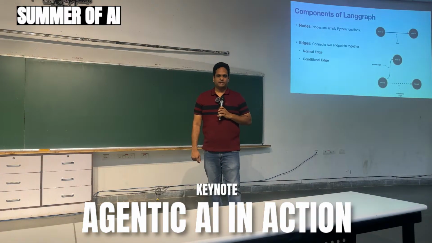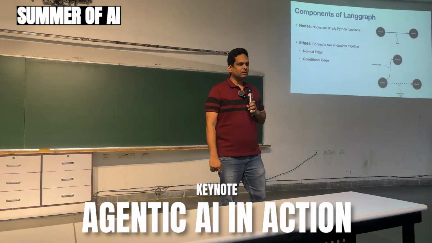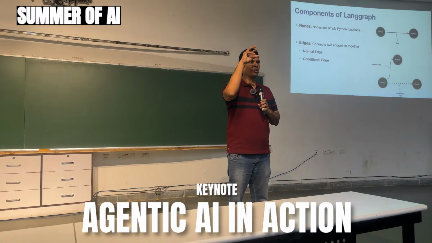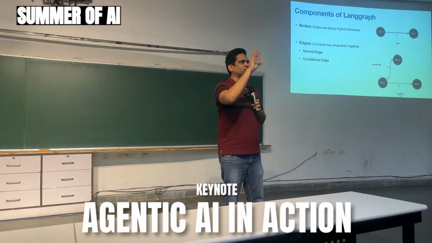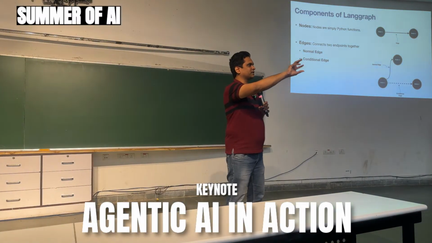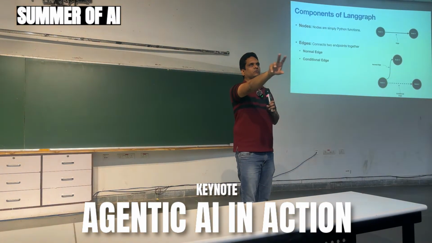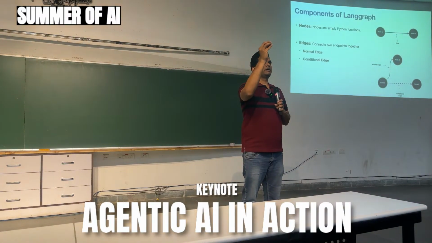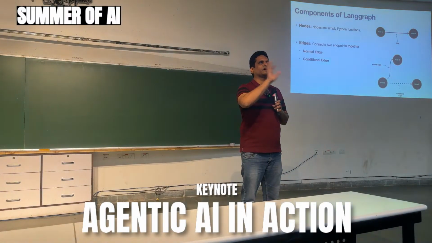So the components of LangGraph, as we are seeing, the Agentic AI is having these goals. So there is goal 1. What was goal 1? Which has to convert audio into text. That's goal 1. Second goal is retrieve the information from the transcript.